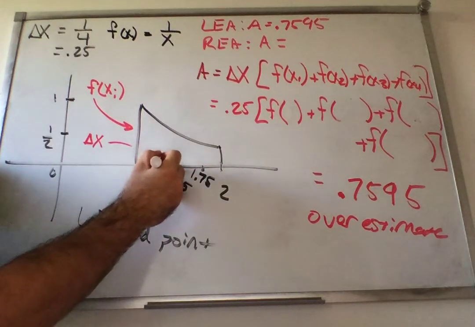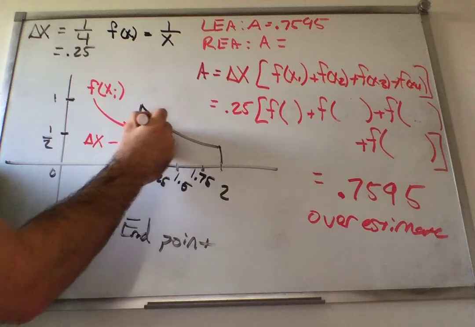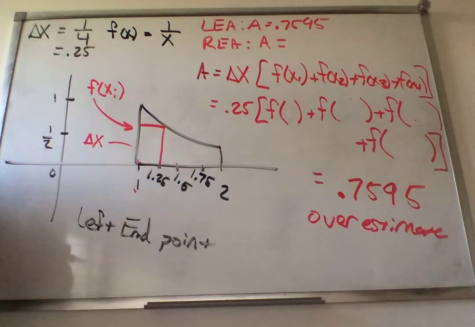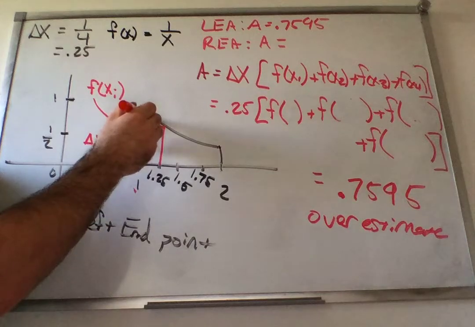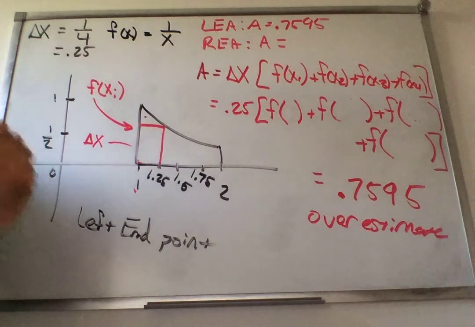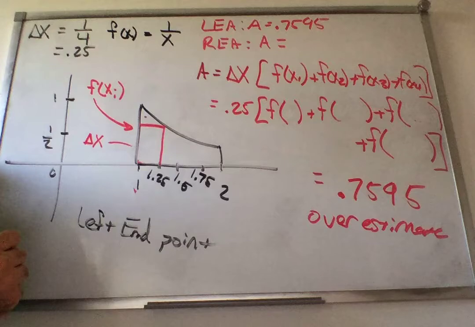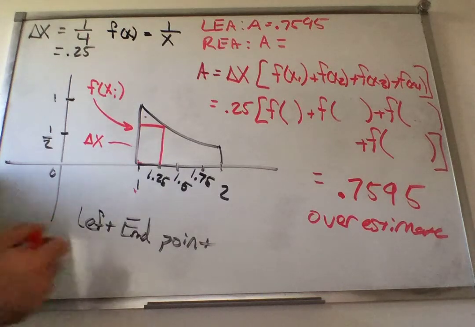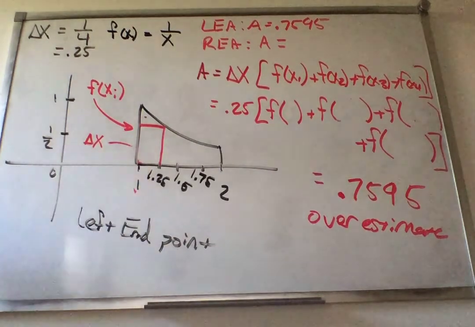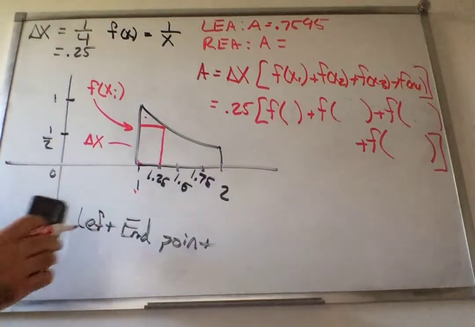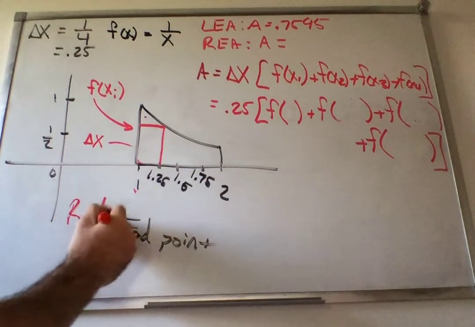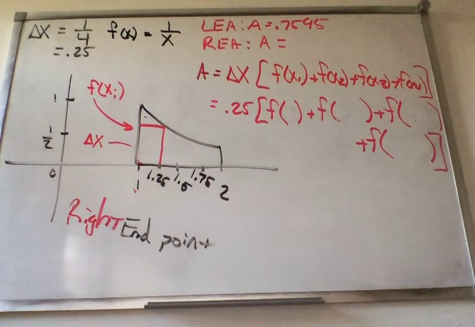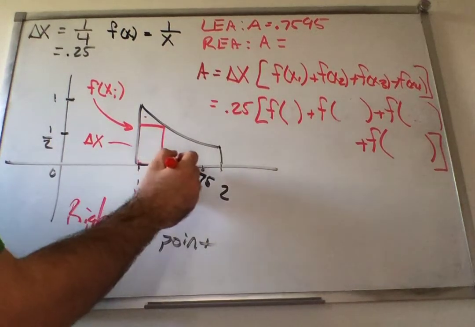I'm going to go up to the graph and go back, and there's my first rectangle. As you can see, there's area right there that I'm not counting. So therefore, this should be an underestimate. So let me get rid of some of this. Now we are doing a right endpoint estimate.